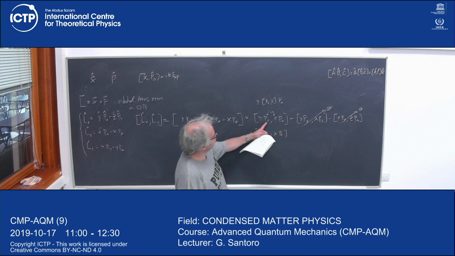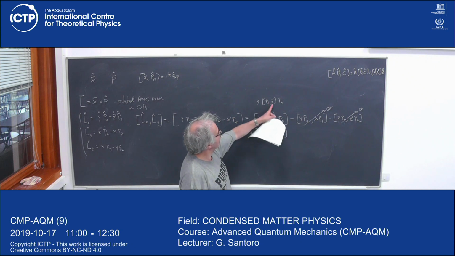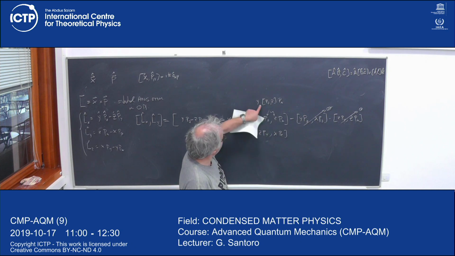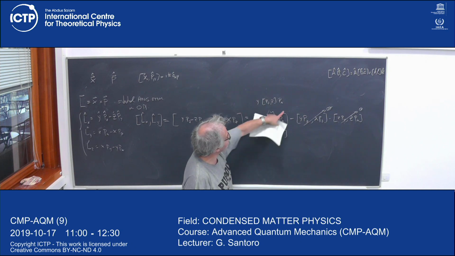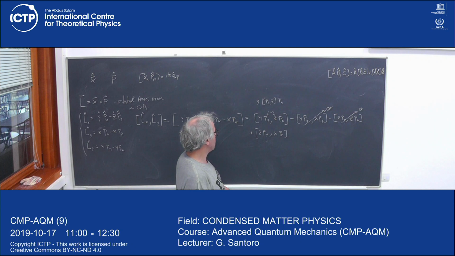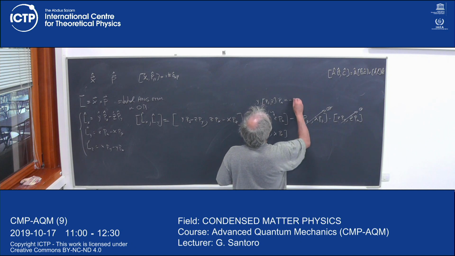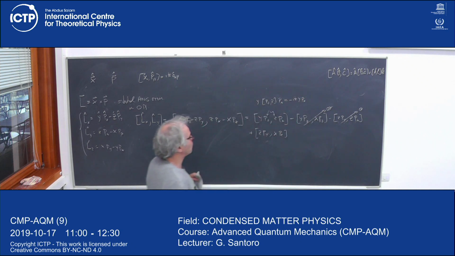Okay? So the two things give you a non-vanishing commutator, and y can come out and x can come out. Okay, so this object here is equal to minus i h bar y px.